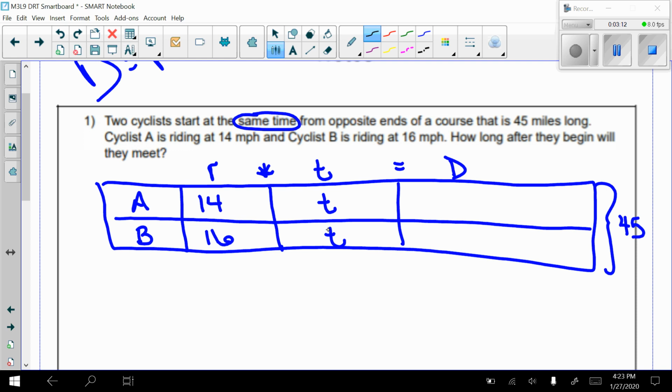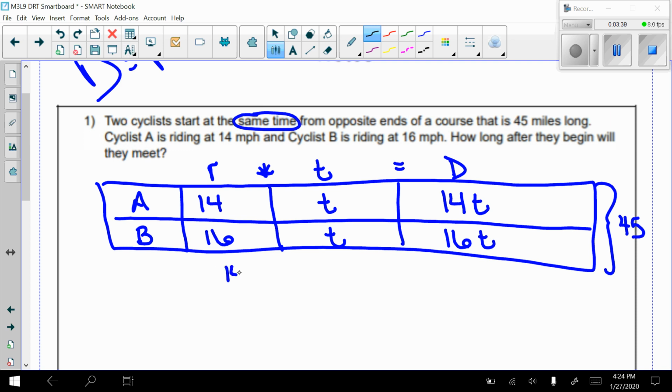All right, distance. So we're saying that distance is rate multiplied by time. So 14 multiplied by t is 14t. 16 multiplied by t is 16t. So the distance is the sum of the two bicyclists. And the sum, it tells us in the story, was 45.